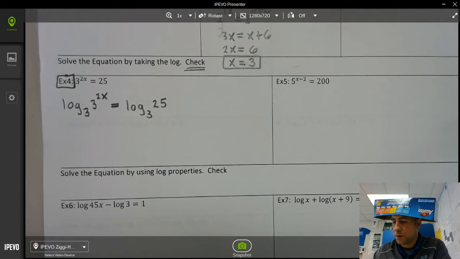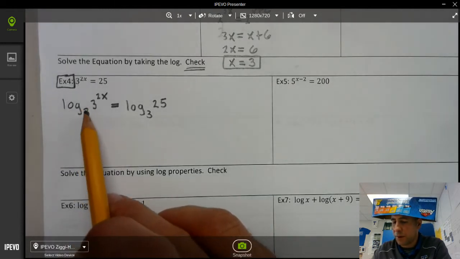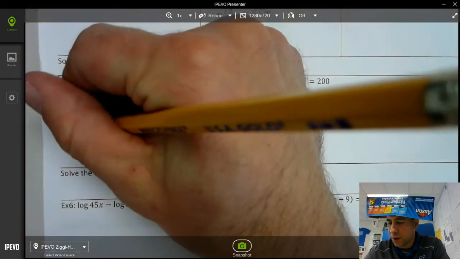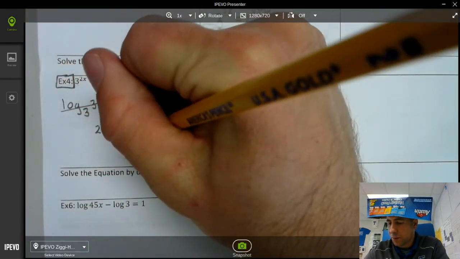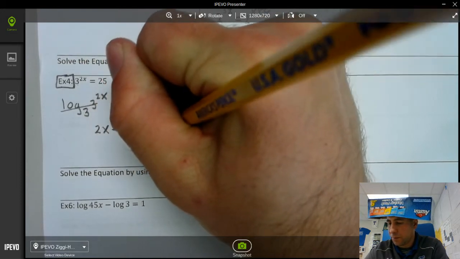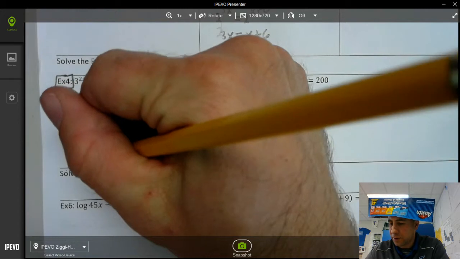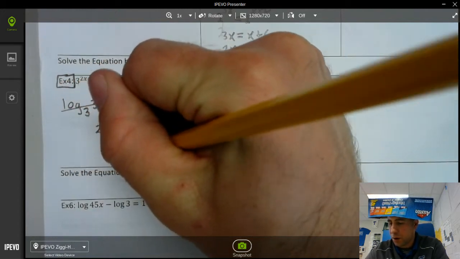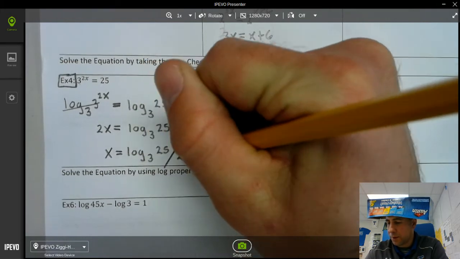Okay, so the log base 3 of 3, since the bases are the same, becomes 1, so you get 2x equals log base 3 of 25. Divide both sides by 2, so x equals log base 3 of 25 divided by 2.